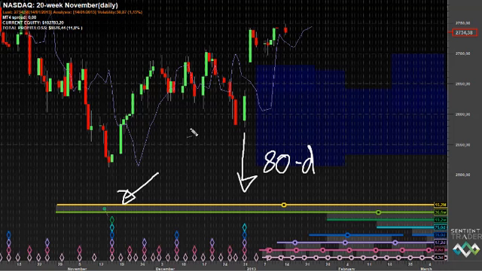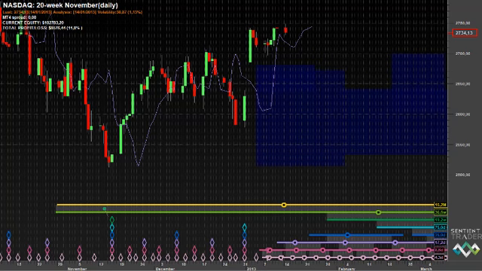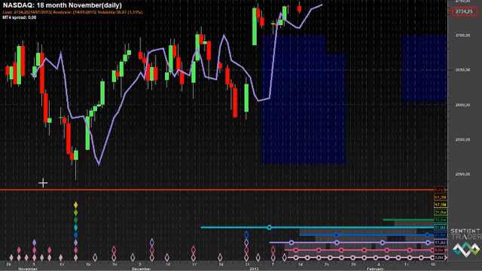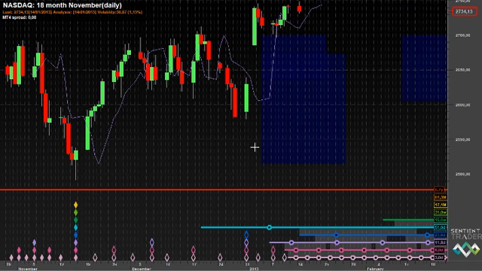Now, according to this analysis, of course, the trade that we missed out on because it was New Year's Day was an A category trade, and we are expecting a B category short trade next, which is a trade that I would not enter. However, and I explain this in much greater detail in the detailed Nasdaq video, there is an alternate, which in fact, as you can see here, places the 18-month cycle trough in the middle of November.